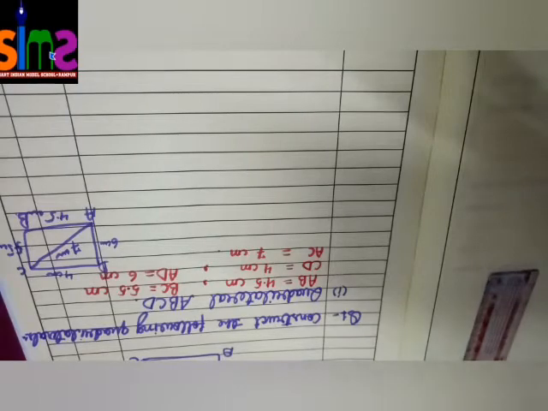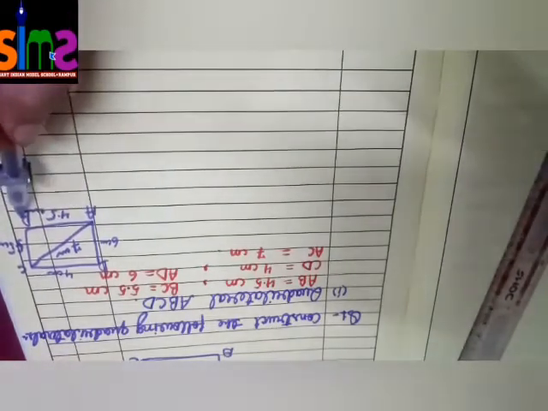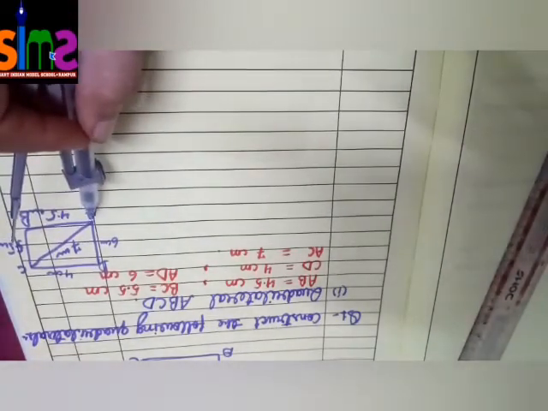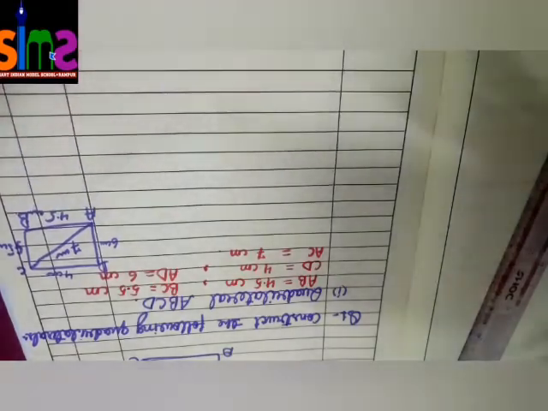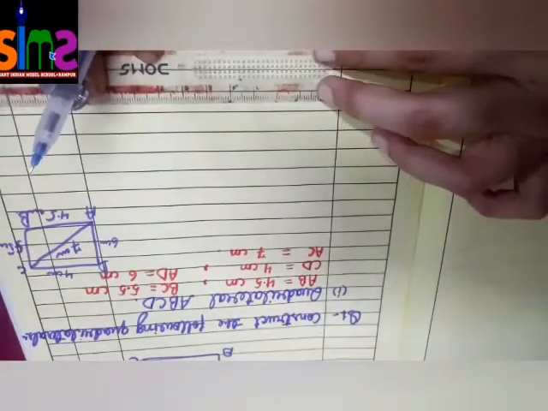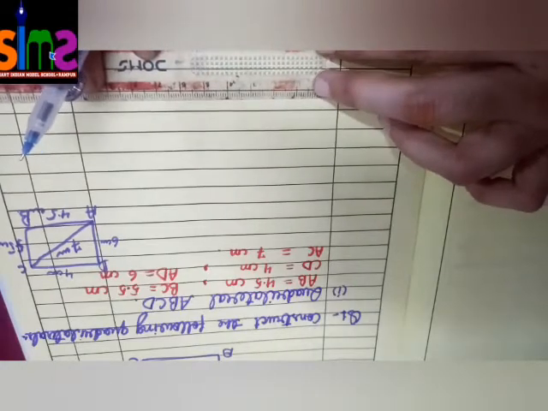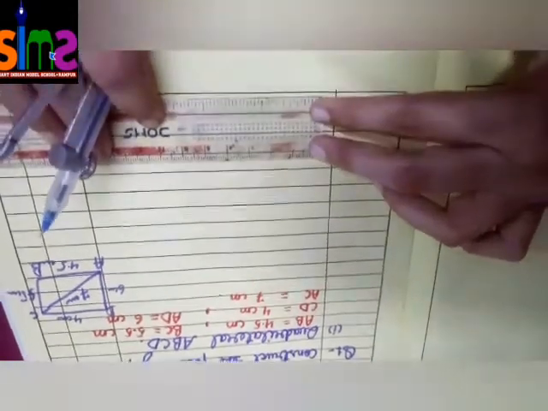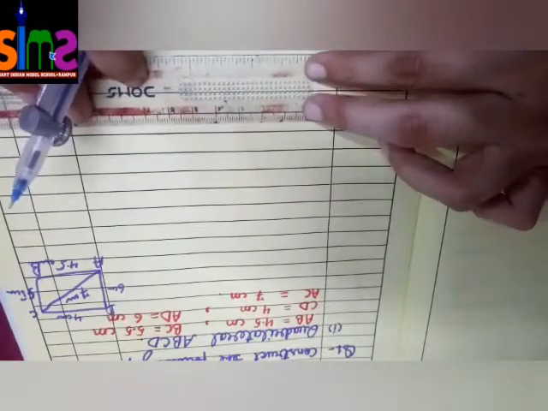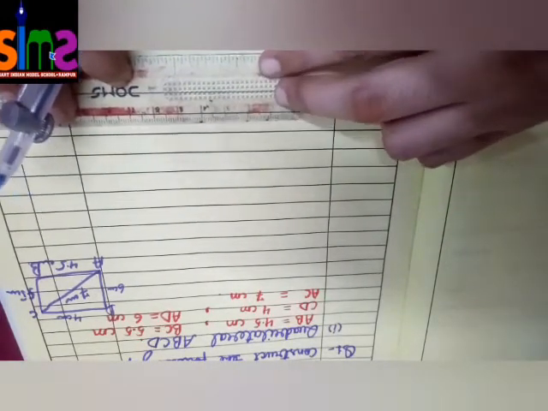We will draw it with the help of compass, pencil, scale. As you can see that the base is AB. So we will draw a line AB of 4.5 cm with the help of scale. Let's draw a 4.5 cm line segment. We are drawing here a line segment of 4.5 cm.